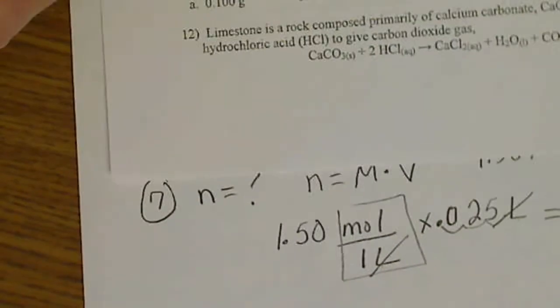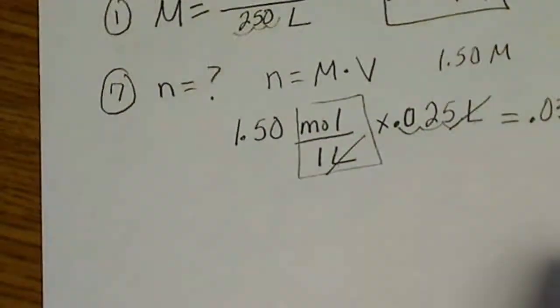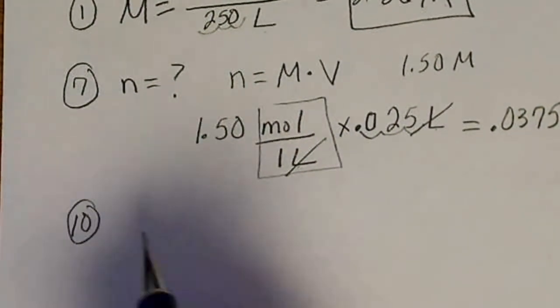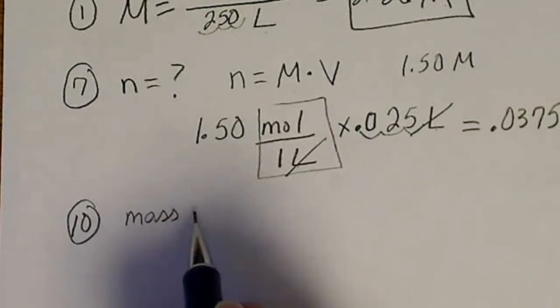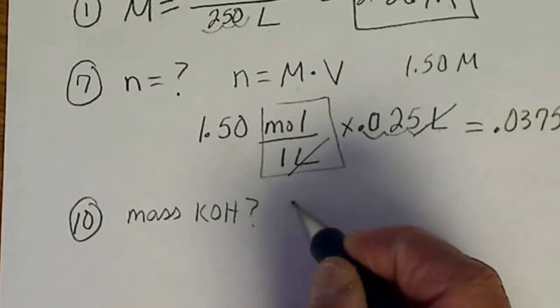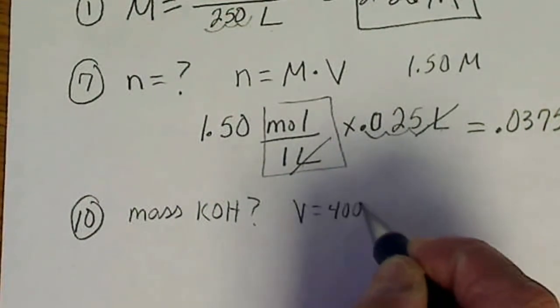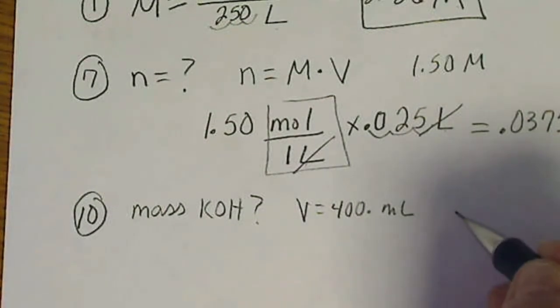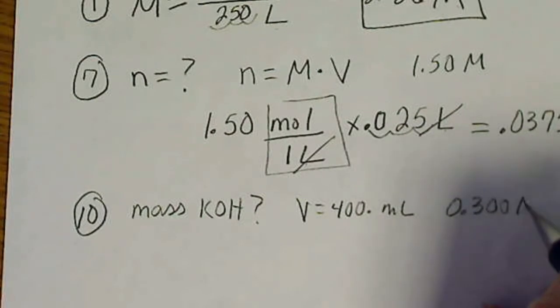So if I rewrite question 10 here, we're looking for mass of KOH, and we are given that our volume is 400 milliliters, and we want the solution to be 0.300 molar.